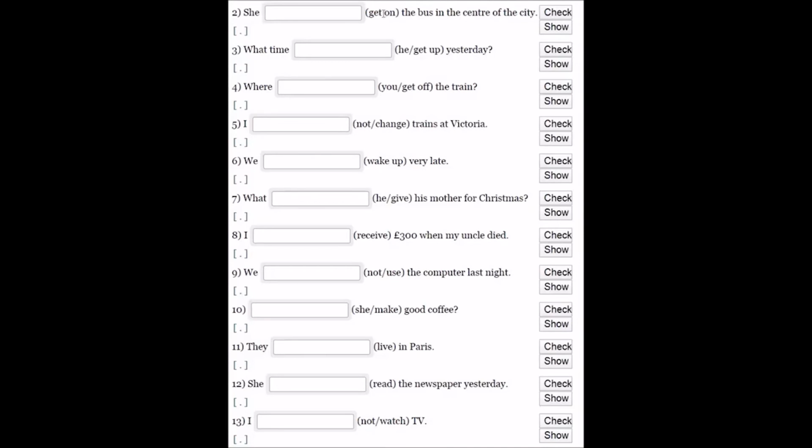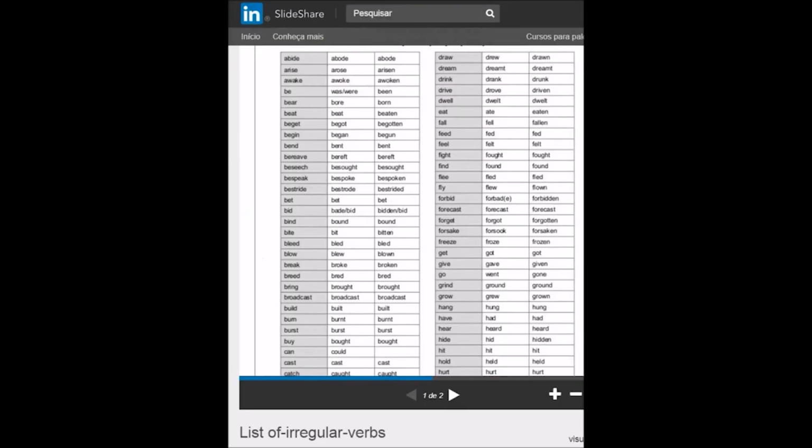So in here, we only need to put this verb, get, into past tense. Now, of course, I told you to have a list of irregular verbs next to you. You can go to that list and check, is get on that list or not? So this is what I'm going to do. That's my list. Let's go for the letter G. Right here is the first one.